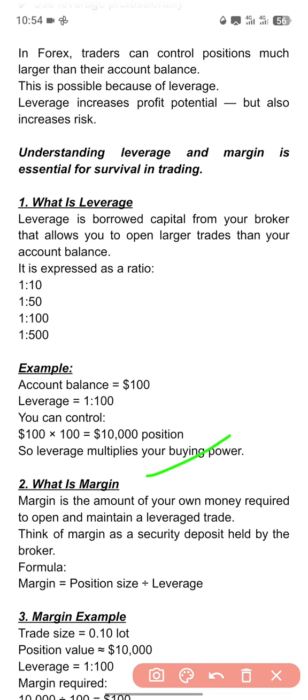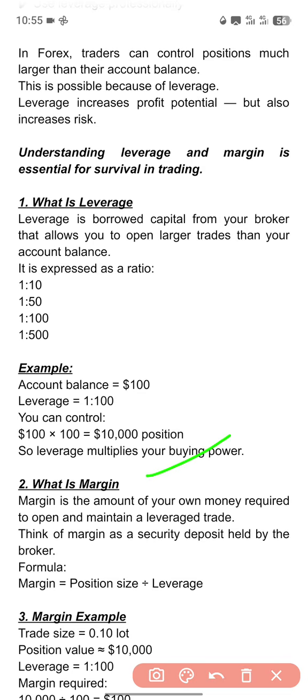Now, what is margin? Margin is the amount of your own money required to open and maintain a leveraged trade. Think of margin as a security deposit held by the broker.